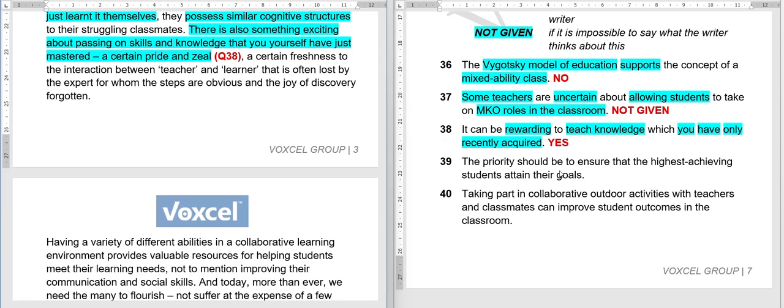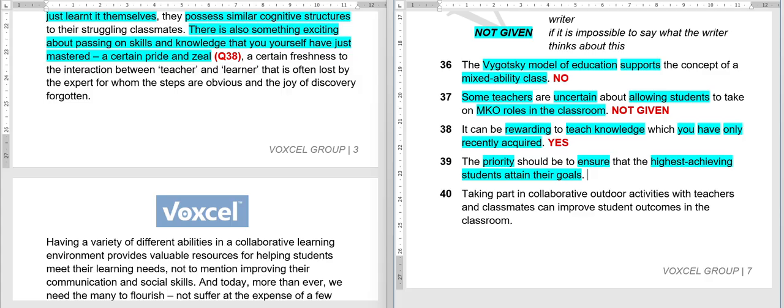The priority should be to ensure that the highest achieving students attain their goals. So now we're talking about giving priority to making sure that the highest achieving students attain their goals, like they should not be deprived of their goals. If that is our priority, and we do not have priority for other students but only for higher attaining students, then the answer will be yes.